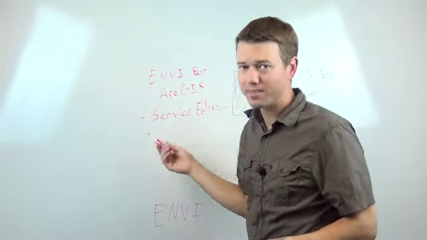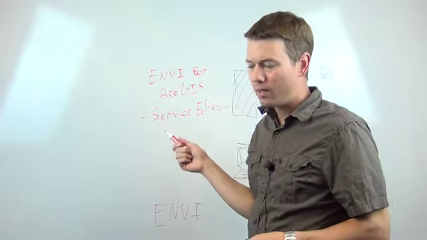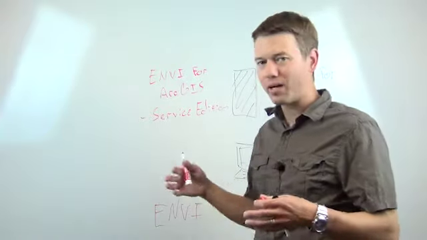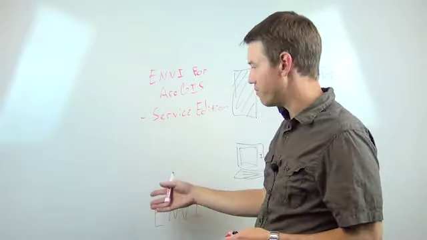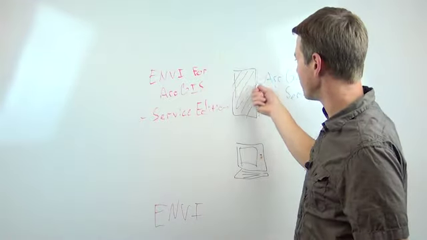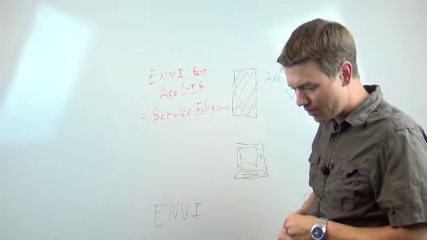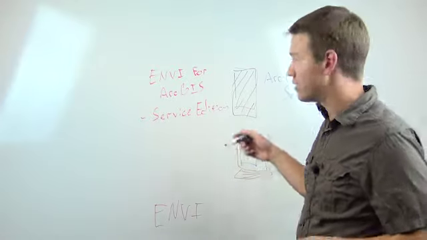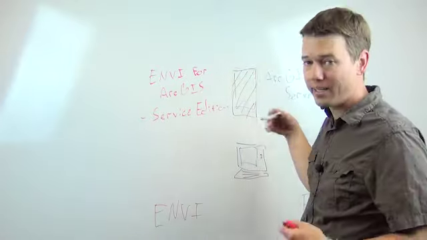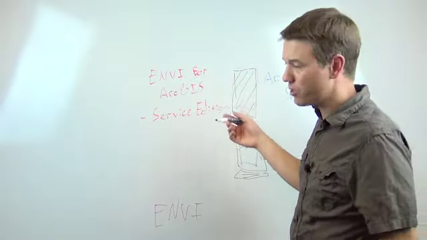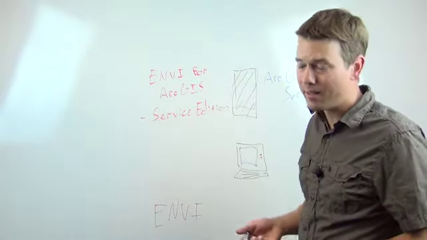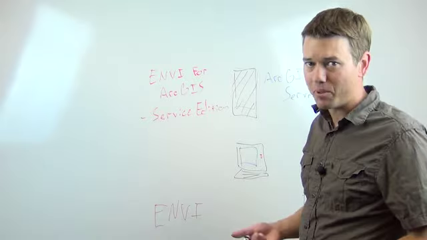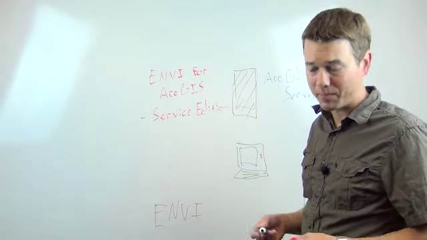And what this does is this embeds a scalable, enterprise-level implementation of the ENVI software directly into the ArcGIS interface. So from there, you can share ENVI algorithms combined with ArcGIS processes through the entire ArcGIS ecosystem, which includes things like ArcGIS Online, custom clients that you might build, the ArcGIS mobile client, and things like that.